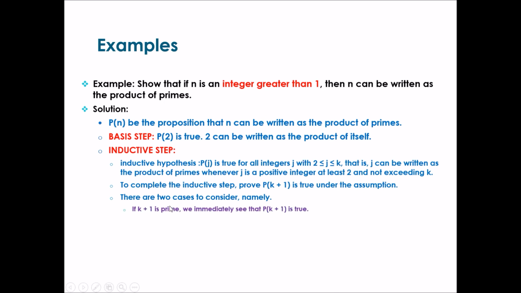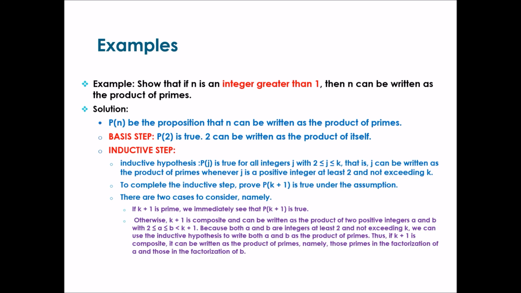Okay, now there are two cases. First case, if k plus 1 is prime. If k plus 1 is prime, then there is nothing to prove. Like in basis step, since 2 was prime, there was nothing to prove. So if k plus 1 is prime, we immediately see that Pk plus 1 is true.